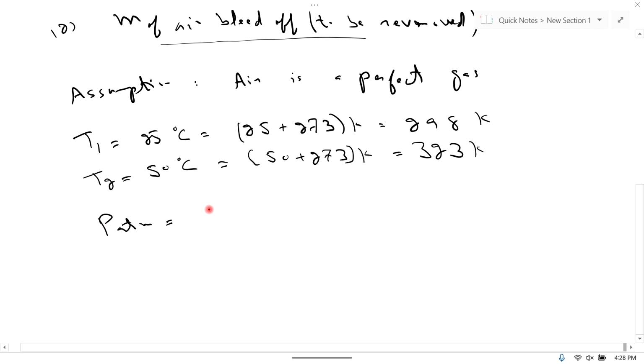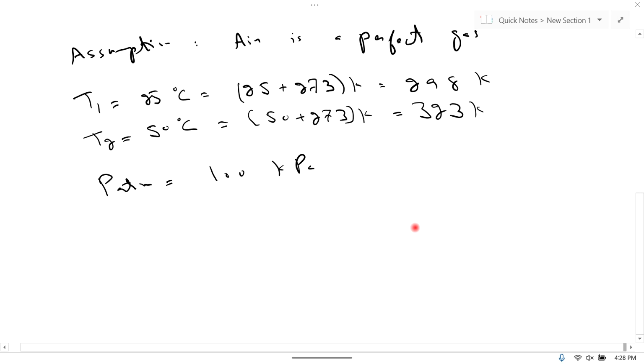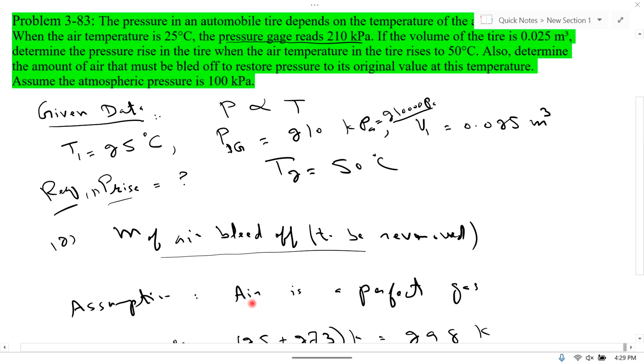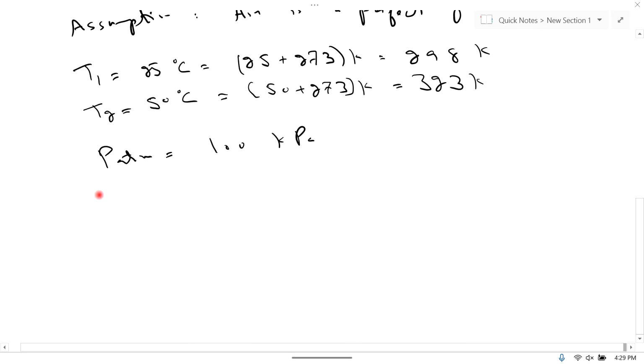P atm is equal to 100 kilopascal. We know that P absolute is equal to gauge pressure plus atmospheric pressure, and this pressure is the gauge pressure. So first we will convert this to absolute pressure to use the perfect gas equation.